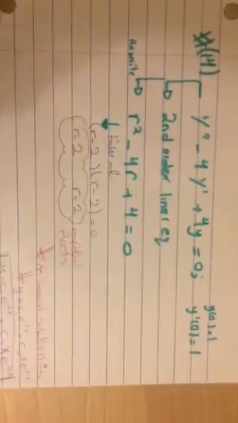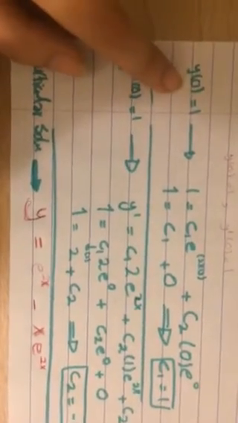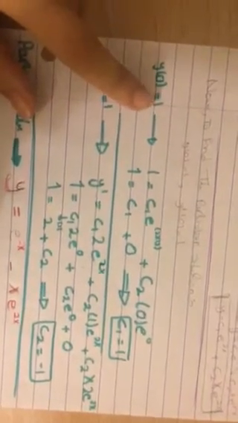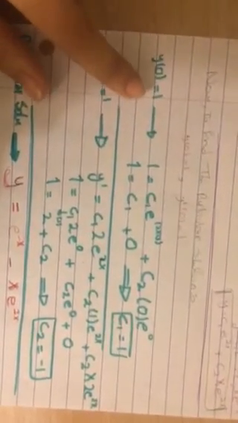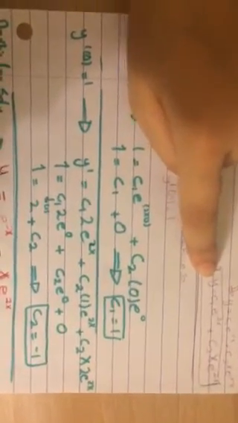To find a particular solution, we have to plug our initial conditions into the general solution. What does this mean? Our first initial condition says y of 0 is equal to 1. So let's plug in 1 for y, and every x you see in the general solution, you have to plug in 0, because our initial condition is y of 0 is equal to 1.